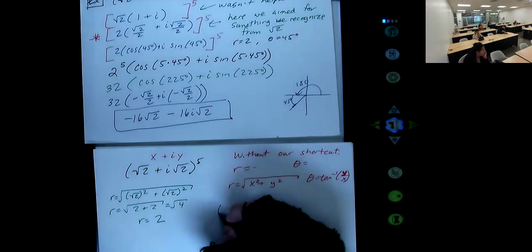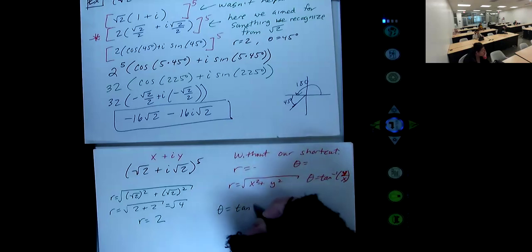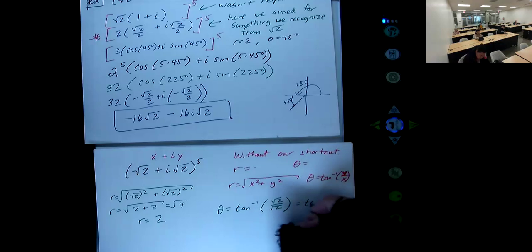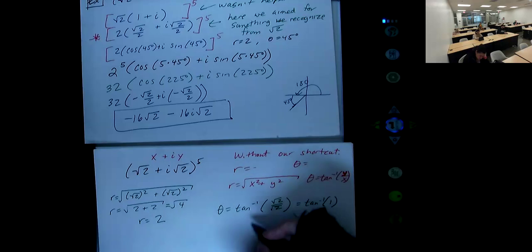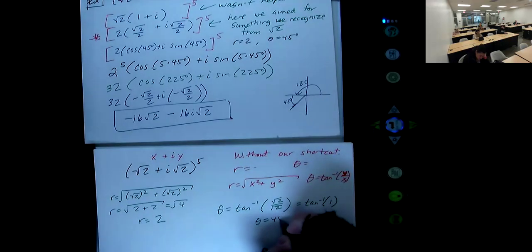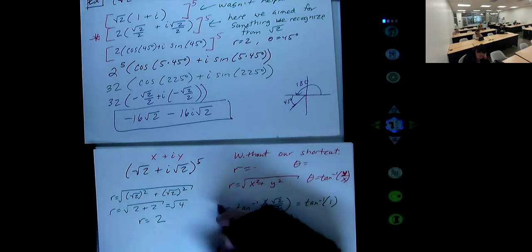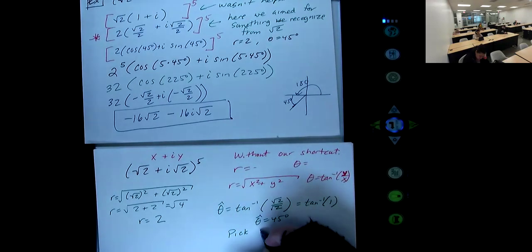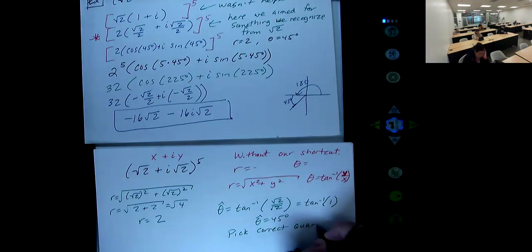Theta is tangent inverse of y over x, √2 over √2, or tangent inverse of 1. So theta is 45 degrees, and that's the reference angle theta. You have to pick the right quadrant, or pick correct quadrant based on rectangular coordinates.